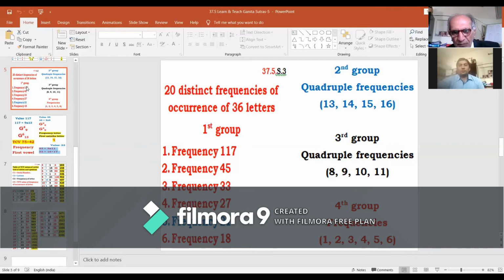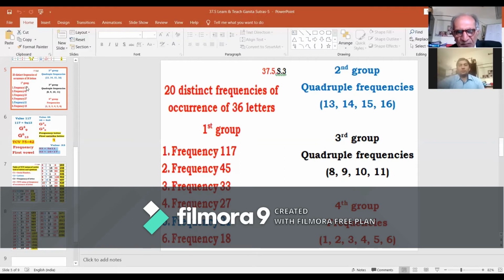Finally, the fourth group is of frequencies 1, 2, 3, 4, 5, 6. In the first group we had 6 frequencies, and in the fourth group as well we have 6 frequencies.